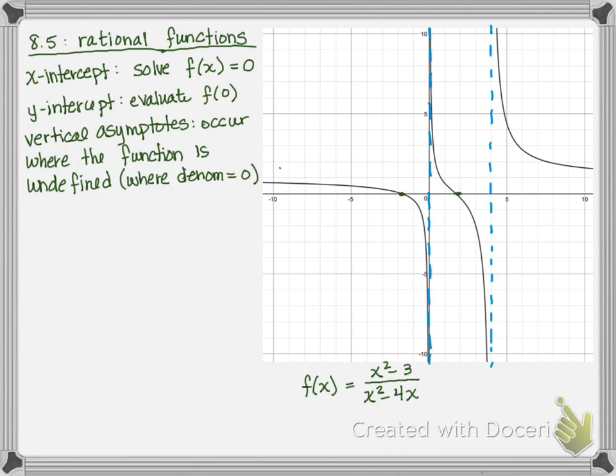All that stuff we've done to find domains of rational functions really helps us here, because we use the same process to find where our vertical asymptotes are.